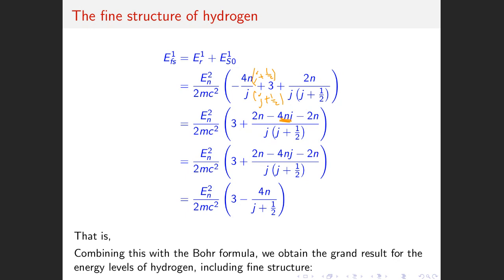For n times a half will give you minus 2n, which cancels with that 2n. So they cancel. So you're left with minus 4nj. The j's again cancel. And then you're left only with that this gives you E_n squared over 2mc squared times 3 minus 4n over j plus half.